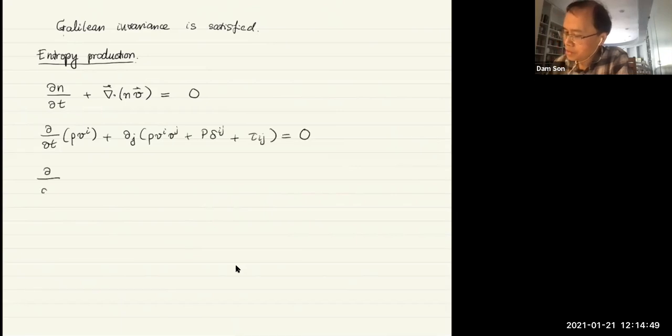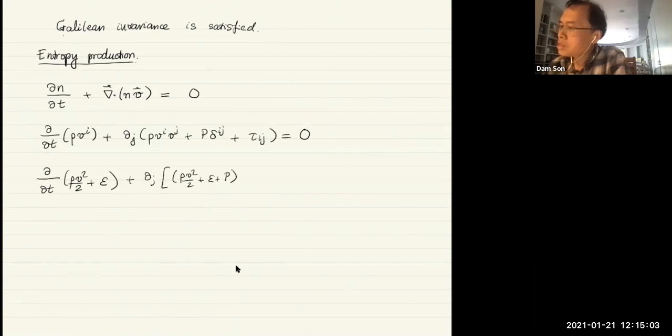Then d/dt of rho v squared over 2 plus epsilon, plus d_j of rho v squared over 2 plus epsilon plus p, times v_j, plus v_i tau_ij plus q_j, equals 0.